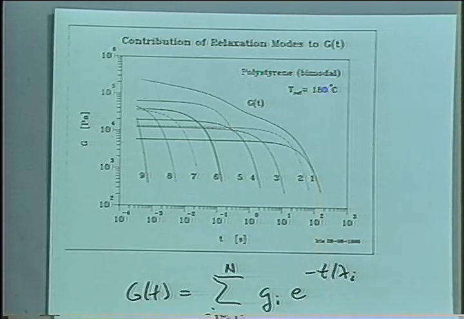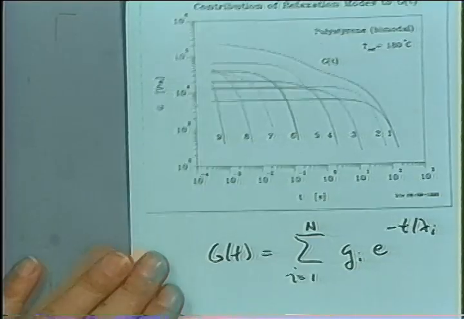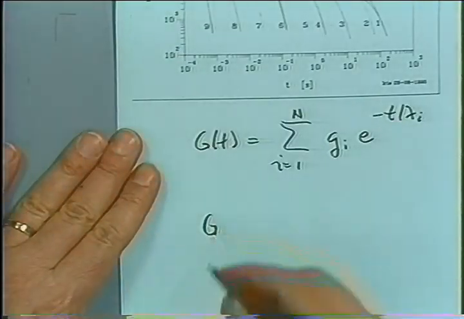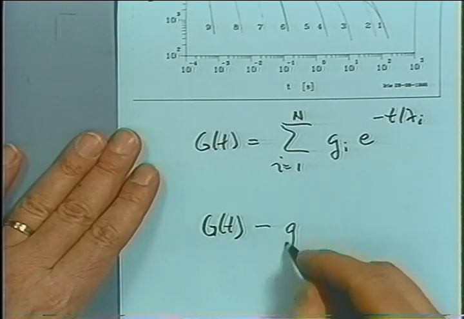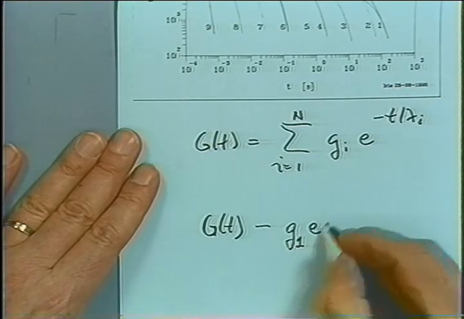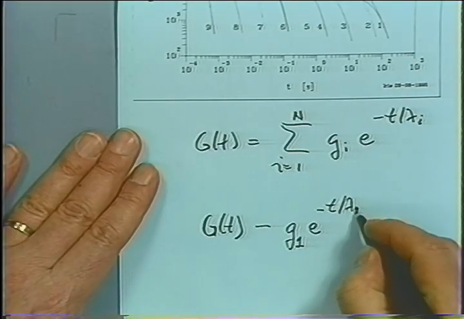And having that first Maxwell mode, you do the following. You take your data, say this is G of t data, and you subtract the longest Maxwell mode. This is G1 e to the minus t over lambda 1, right?